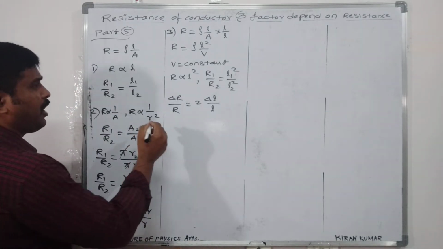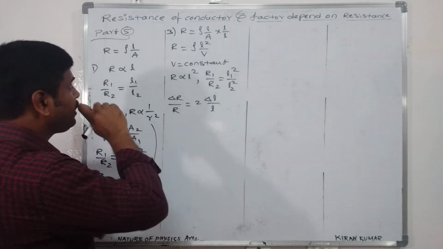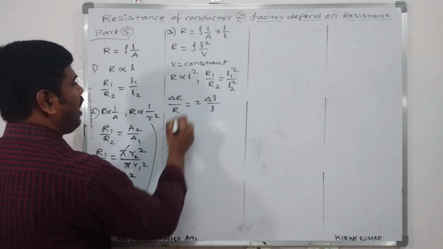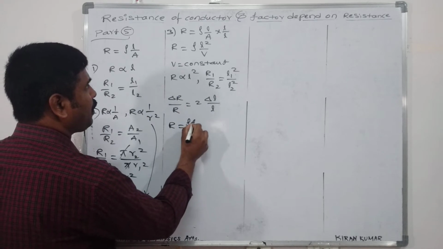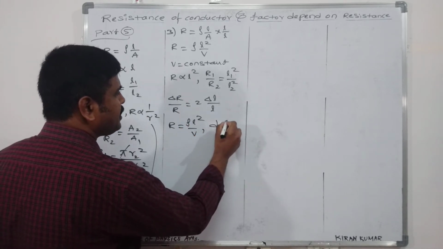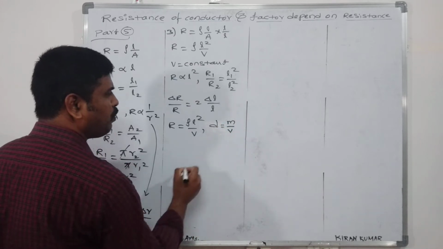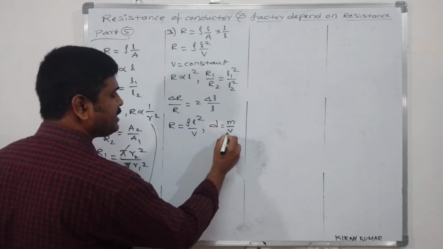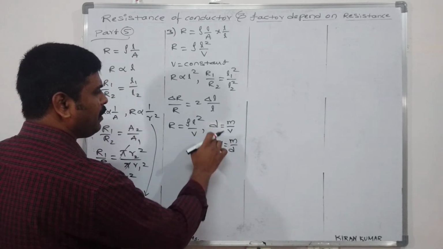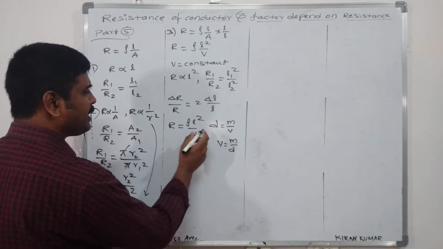See now continuation. Next we can discuss here. This is the basic formula R is equal to rho L square by V. Here density is equal to mass per unit volume and volume is equal to mass by density. So this value is replaced here.